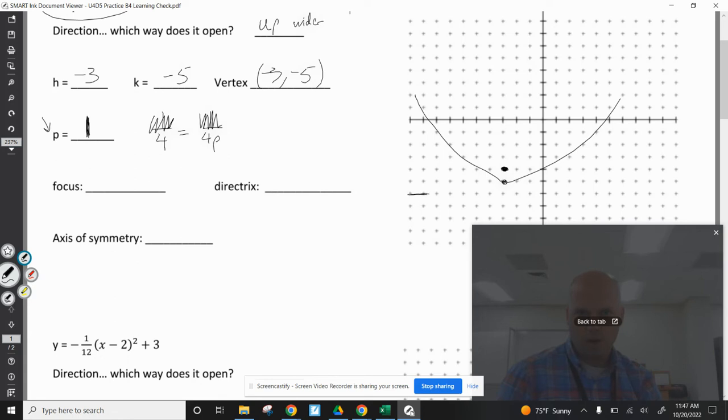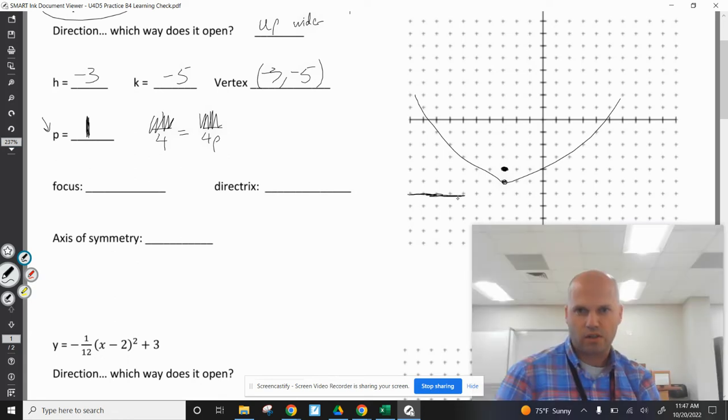And when we created our parabolas using the focus and the directrix, we saw that. And all I did is just go up one and down one, which means the focus is at this point -3, -4. The directrix is this line. This line is y equals -6.